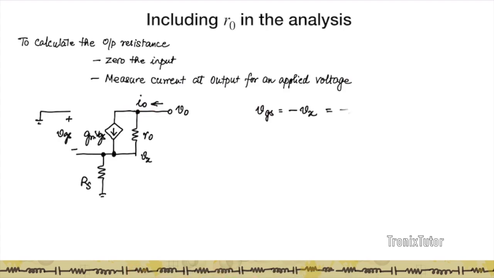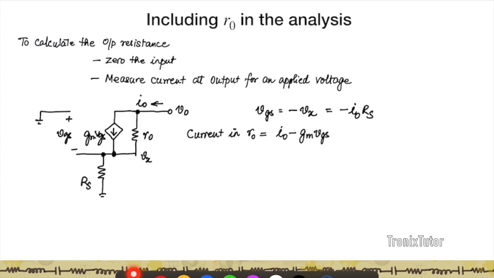So now let's look at that circuit alone and try to identify what the effective resistance of the circuit is. Applying KVL at the input, suppose I call the source node Vx. I see that my VGS is minus Vx, and that Vx is nothing but I0 into RS, because I0 is going to divide itself as gmVGS and whatever rest is flowing in R0, and that combines and flows into RS.